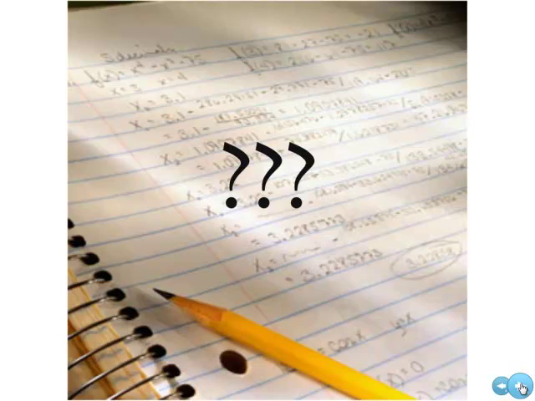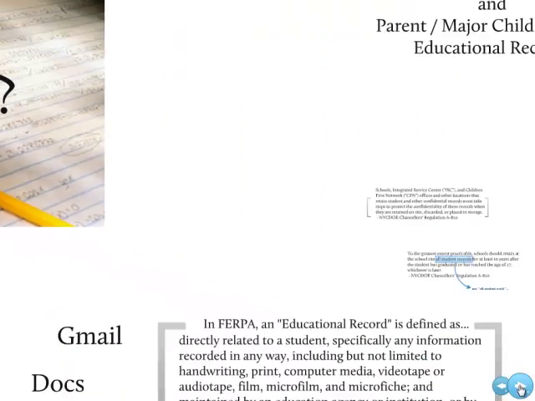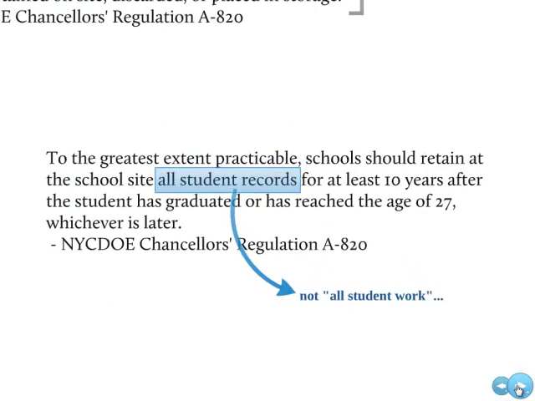So I think there needs to be a sliding standard here for what constitutes a core part of the student's record. And obviously a student's Google Docs would not be something that falls into that category. Chancellor's regulations in New York City Department of Ed actually tell us something slightly different. They use the word student records and actually say that we have an obligation to keep them for at least 10 years after the student has graduated.